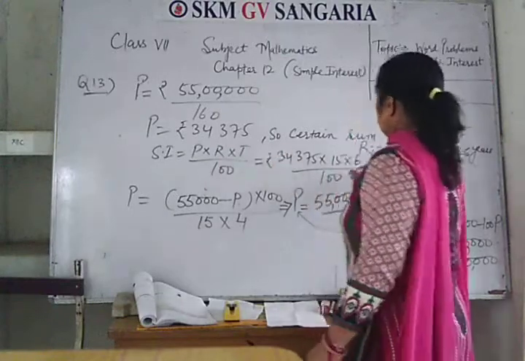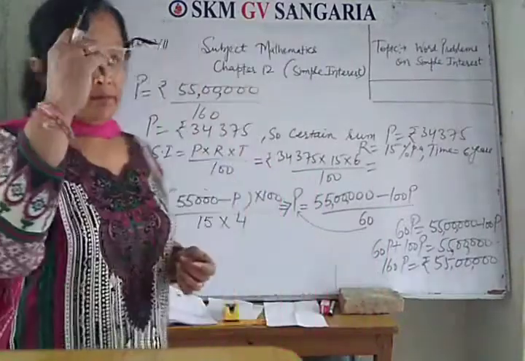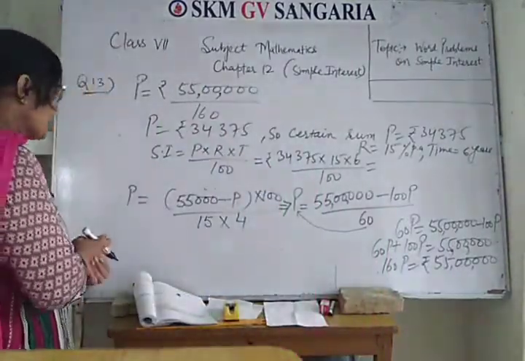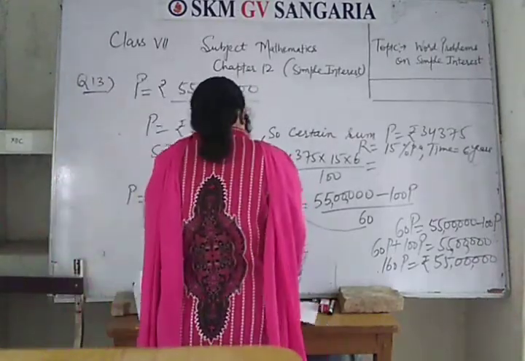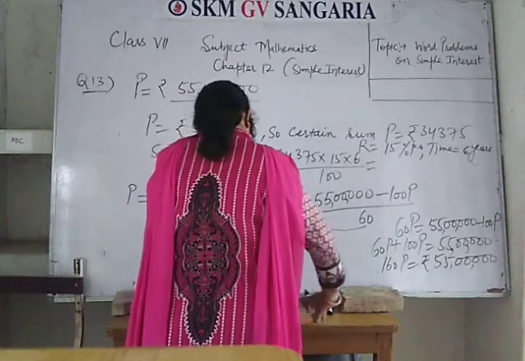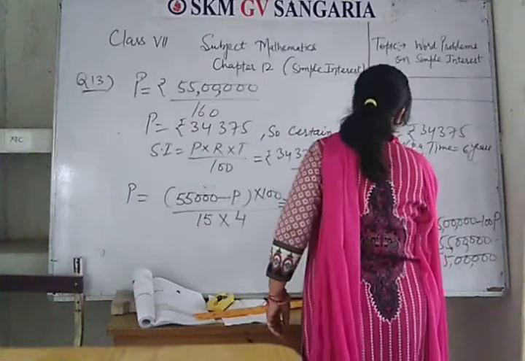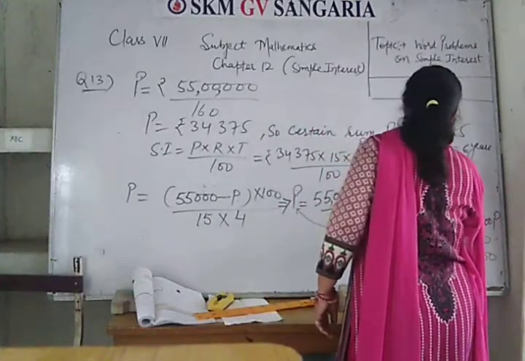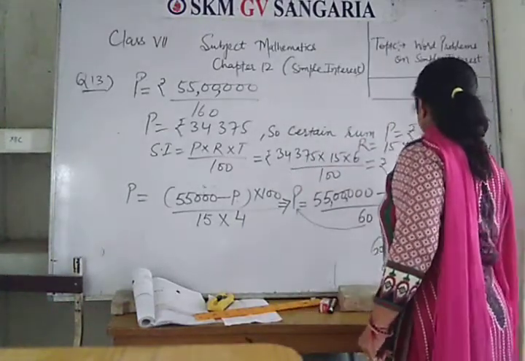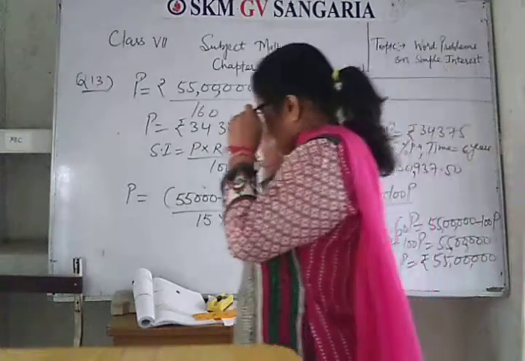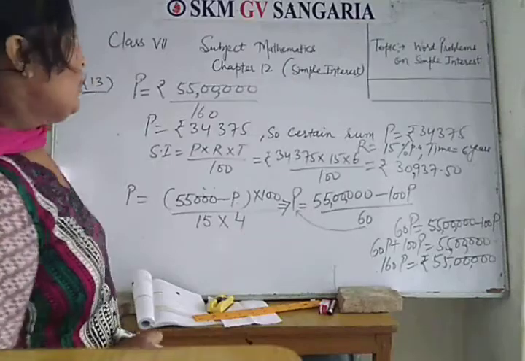So do the calculation again. Please solve. What are you getting as simple interest? Simplify and get it, hurry up. After calculation, you are getting 30,937 rupees and 50 paise.